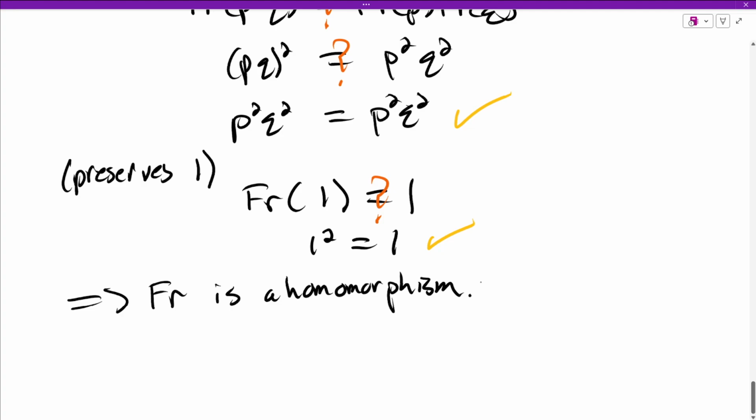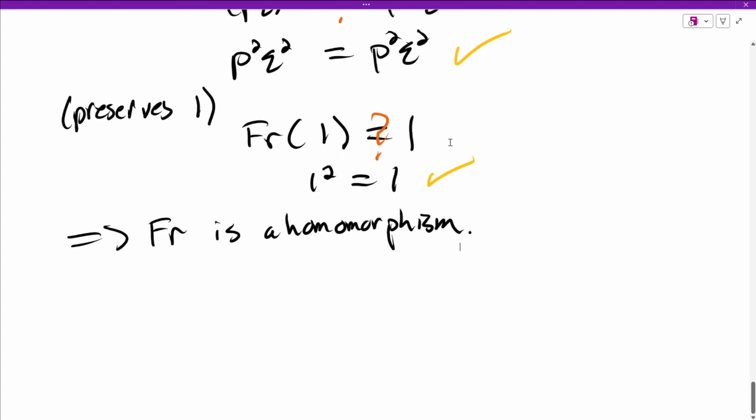Fantastic. Now the question is, well, what kind of homomorphism is it? Is it just a homomorphism or does it have extra properties? So let's check some of these things. So I claim that here Frobenius is a monomorphism.